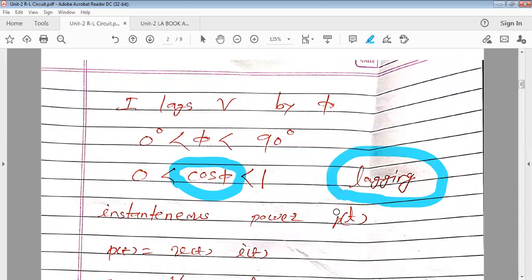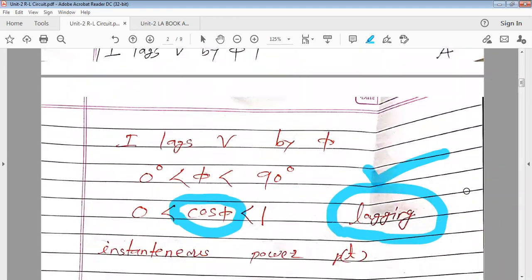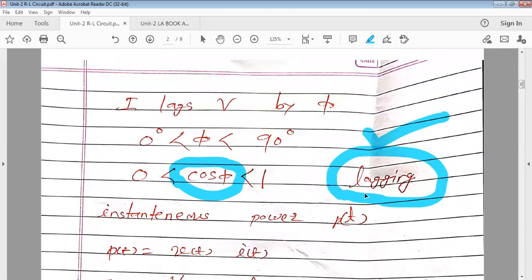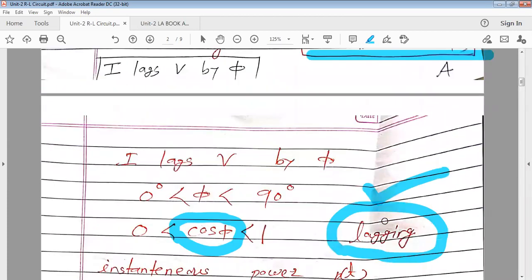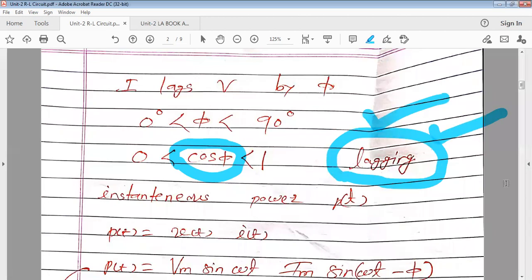The nature of power factor is either lagging or leading, and it is specified in terms of current. If current lags, then the nature of power factor is specified as lagging. If current leads, then it is specified as leading. So here all of you can see total current lags total voltage. That's why the nature of power factor is specified as lagging. Clear?